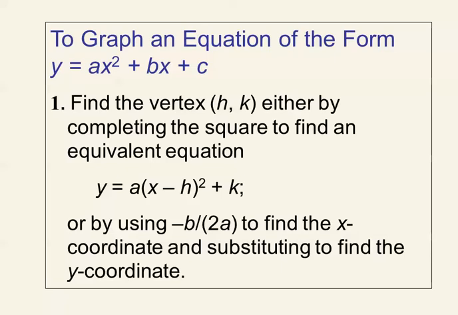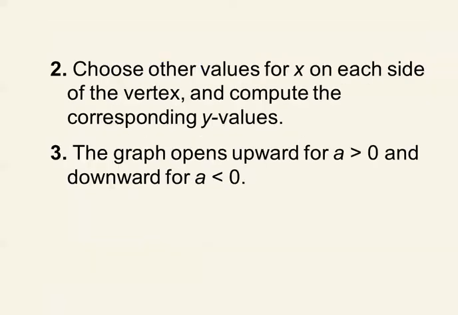So if we want to graph this equation, either we complete the square to find the equation with h and k in it, or we find the vertex by using minus b over 2a for the x-coordinate and finding the y-coordinate. We choose values on each side, compute the corresponding y values, and we know whether it opens up or down.